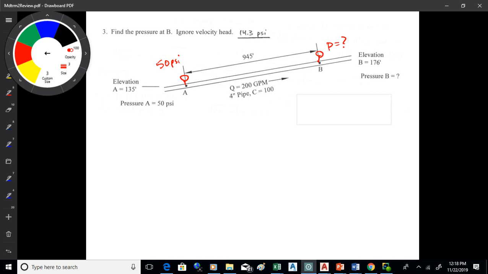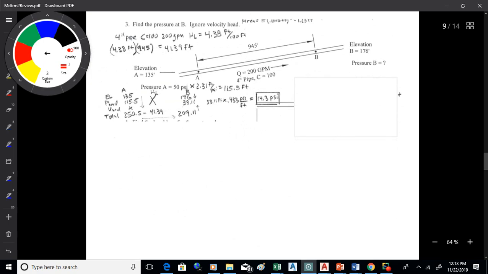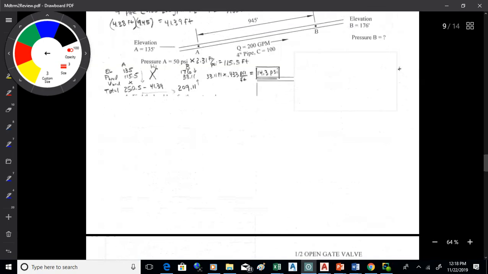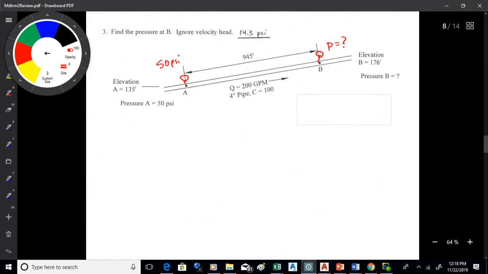So this is one of those where you've got to go to the chart. You've got C100, so that's pretty straightforward. You go to the chart on page 108, and I'll give you a copy of that. And then you can find the head loss, all right?